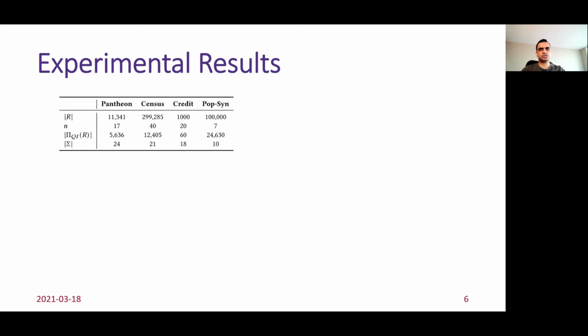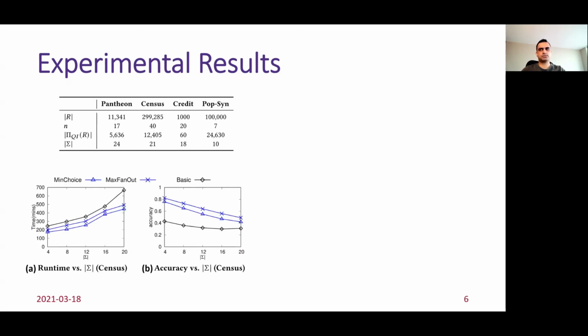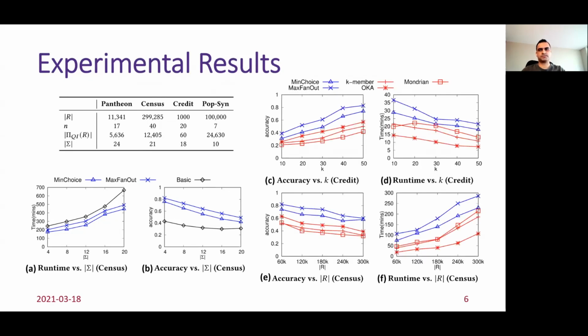The results show that our algorithm, especially the versions with optimizations, scales well as we increase the number of constraints and the size of data. We also show that different versions of our algorithm are more accurate than the existing k-anonymization techniques.